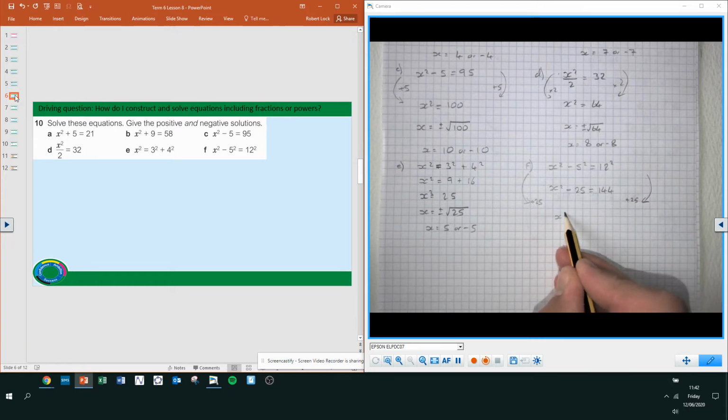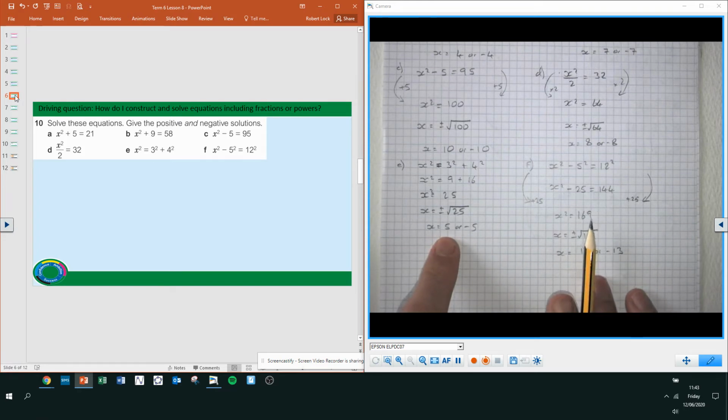So x squared equals 144 add 25, 169. So x equals plus or minus the square root of 169. x equals 13 or minus 13. I said Pythagoras because these two here are one of the triples that you've learned recently.